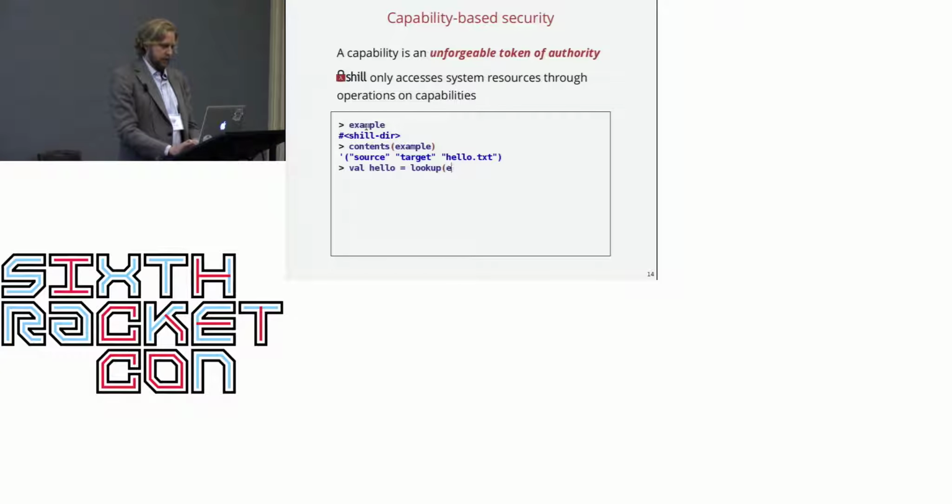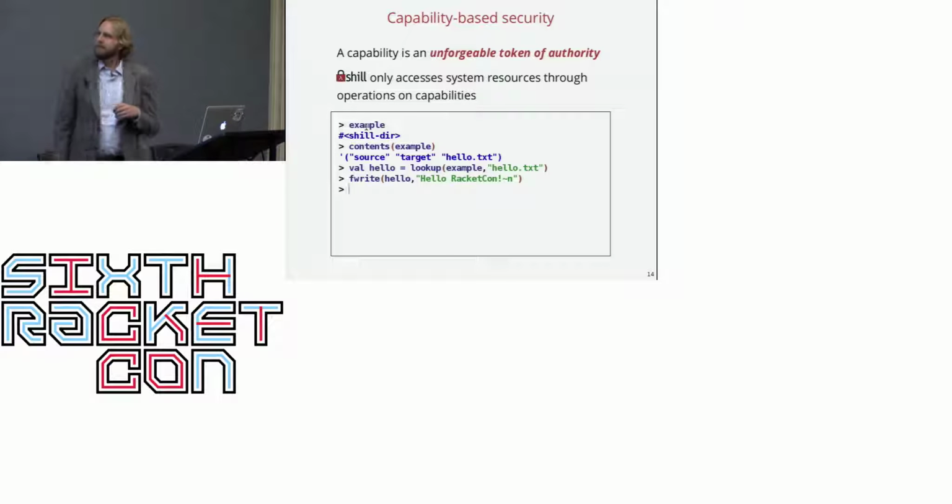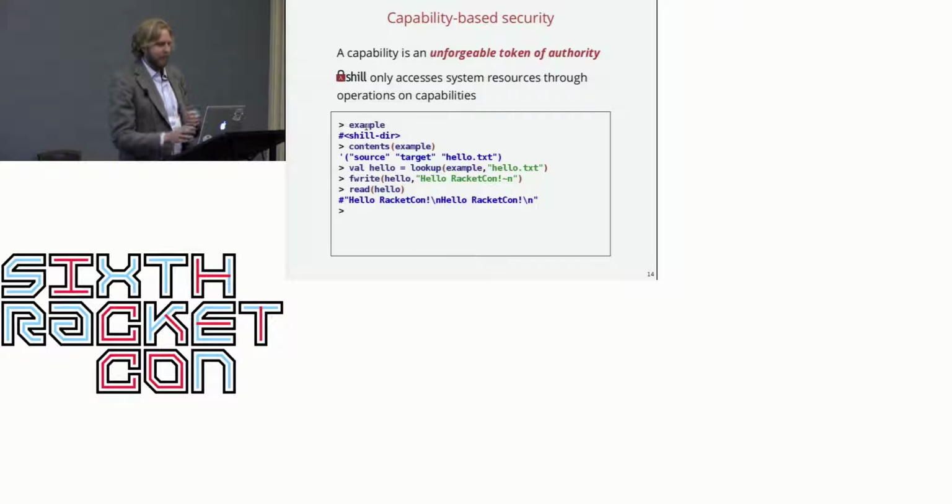I can derive a new capability by looking up an entry in this directory, and that will return to me more rights to access other resources on my system. So now I can write to this file that I just got a capability for and say, hello, RacketCon. Unfortunately, my REPL's kind of slow for reasons I don't know. And of course, I can read from it.